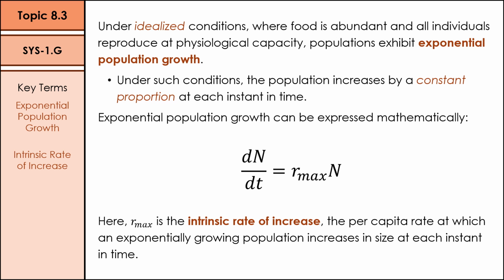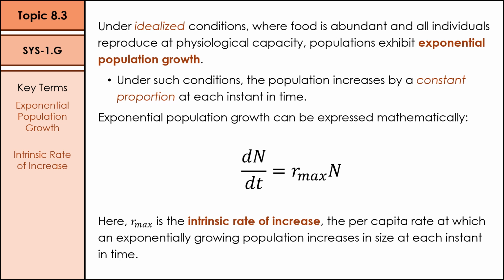So in these idealized conditions, food and resources are abundant. Individuals reproduce as much as they can, as often as they can, and this creates what we call exponential population growth. You may recall the term exponential from math class, and we are talking about the same thing. We're just not going to bring any calculus into it.